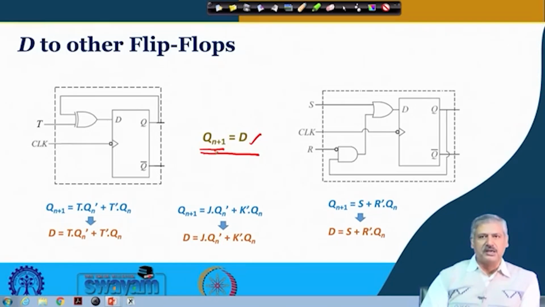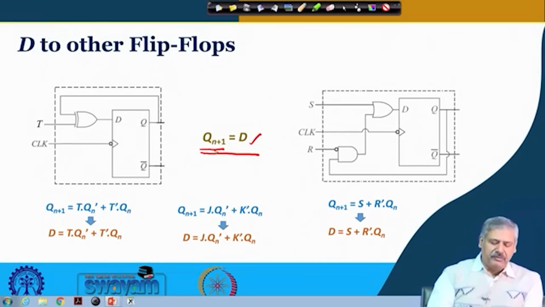If we are talking about conversion of D flip-flop to T flip-flop, we know the T flip-flop characteristic equation to be Q n plus 1 is equal to T Q n prime plus T prime Q n.